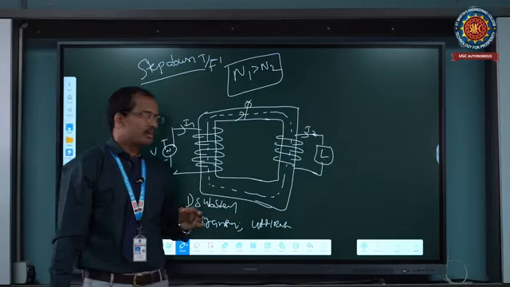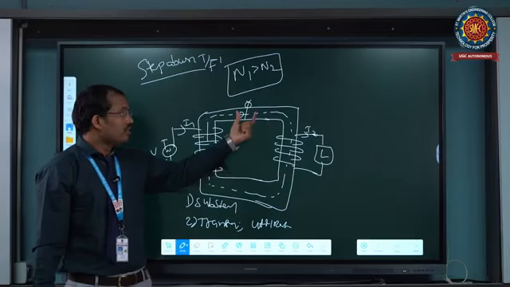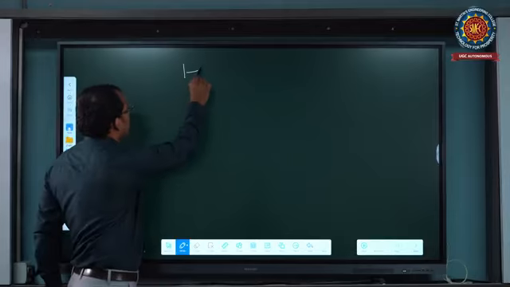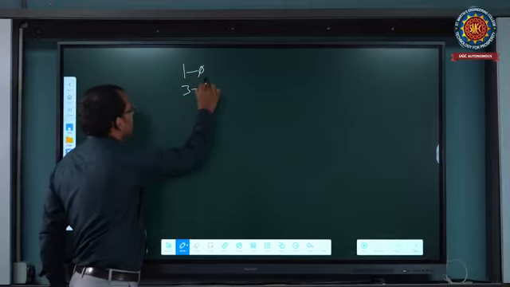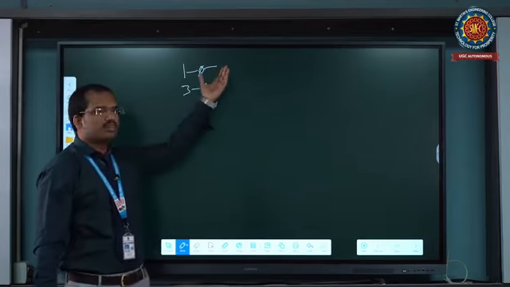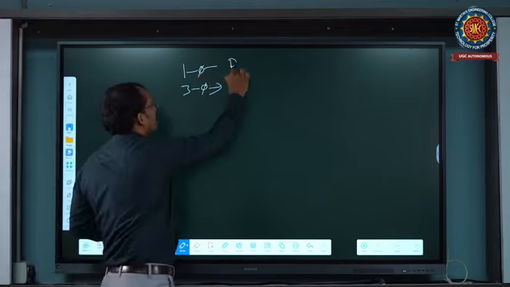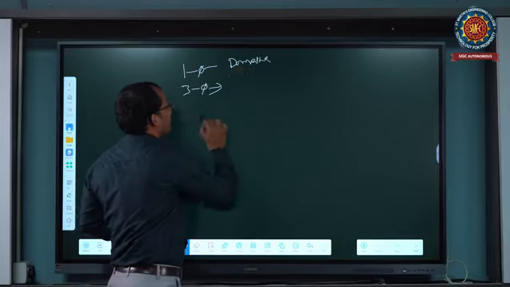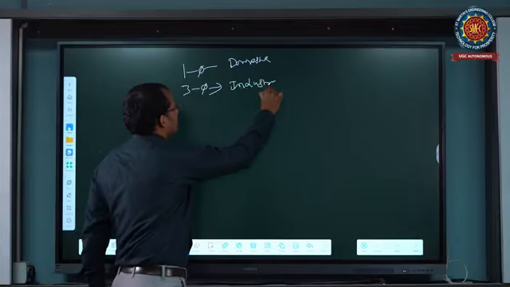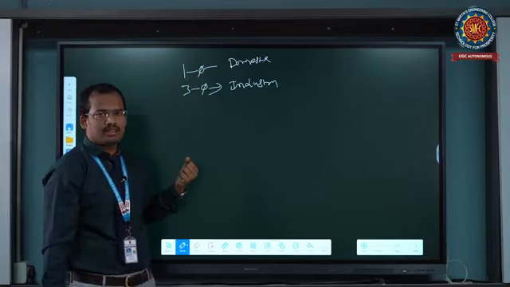Basically, on the supply side we discussed two types of transformers, single phase and three phase. Single phase transformers are used for domestic purposes, and three phase transformers are used for industrial purposes. These are the differences between single phase and three phase transformers.